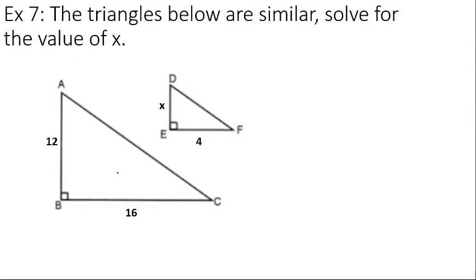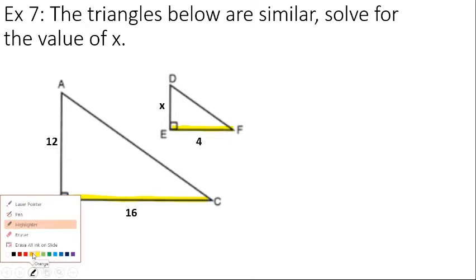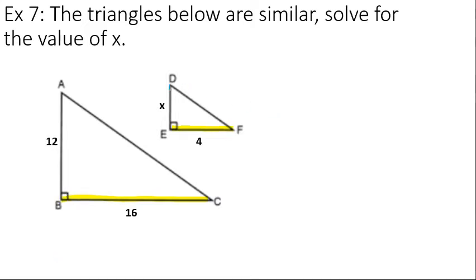Okay, so example 7 says the triangles below are similar. Solve for the value of x. So what I know here is that the corresponding sides, we know 4 goes with the 16. And x here goes with the 12.